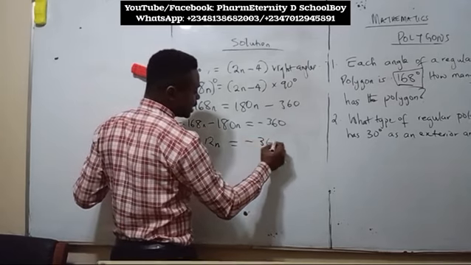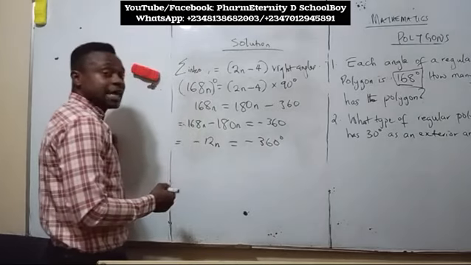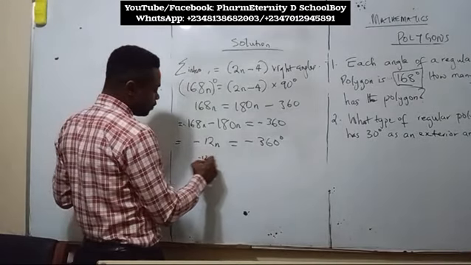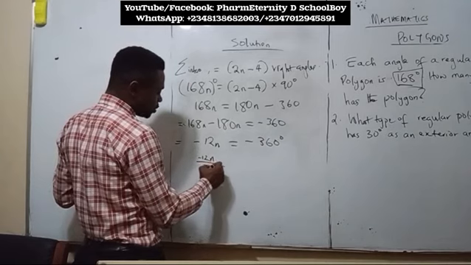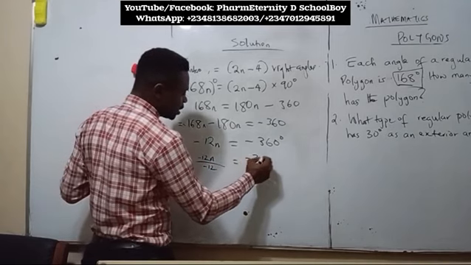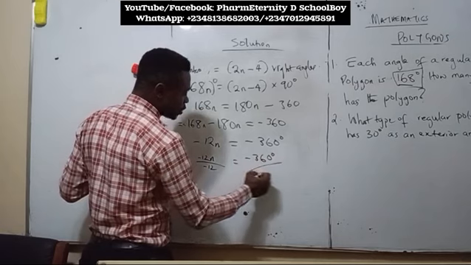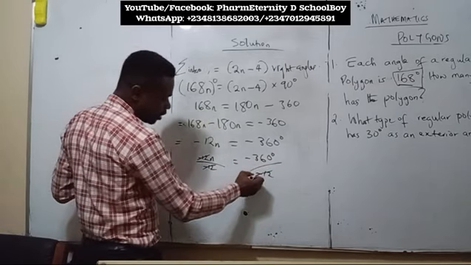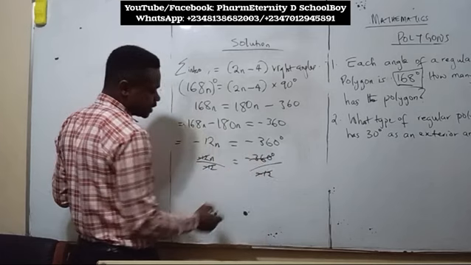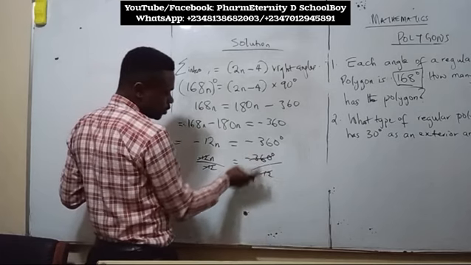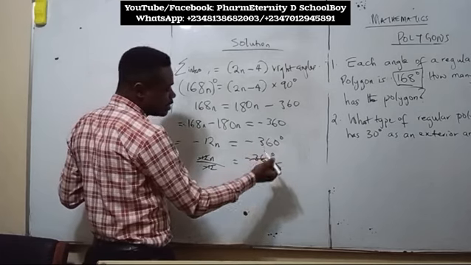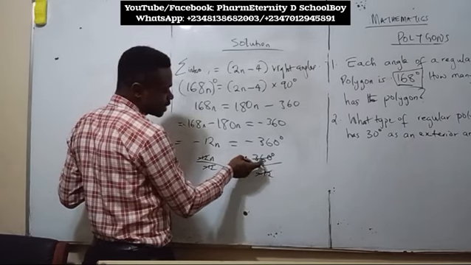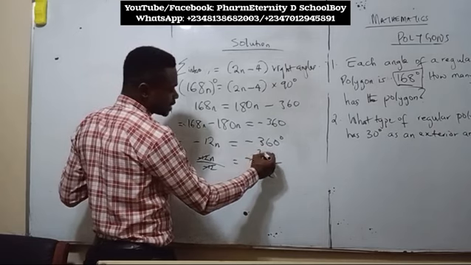We divide both sides by minus 12. So minus 12n over minus 12 is equal to minus 360 degrees over minus 12. Minus 12 cancels minus 12. 12 can divide 360. 360 divided by 12 will give you, 12 divided into 36 alone is 3, so we have 30.